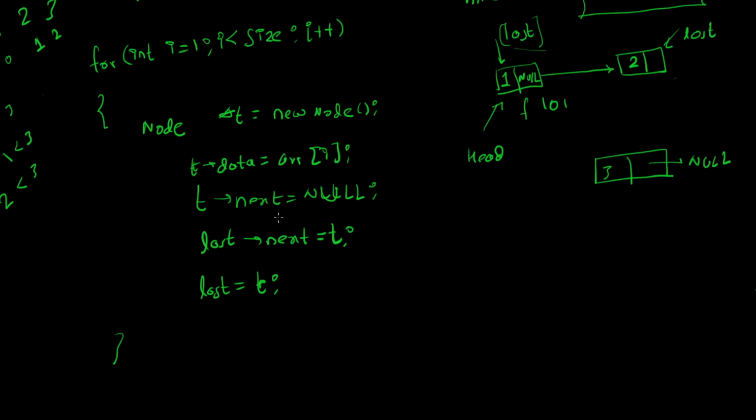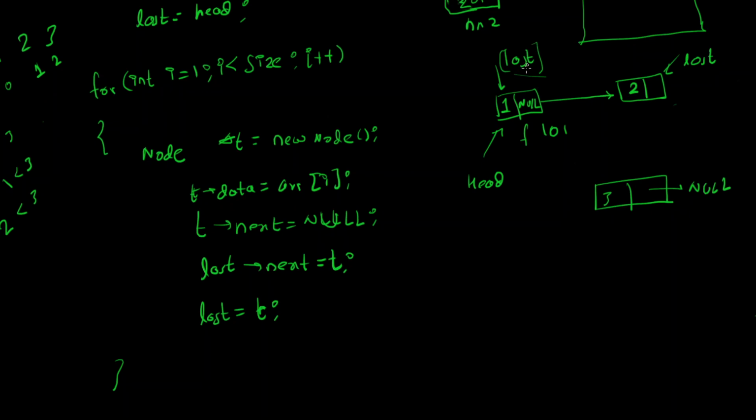Then last next should point to t. Where is last now? Last is not here actually. Last is at 2, because of that previous loop, because when we ran for i equal to 1, last was then pointing at 2. Now last next should point to this address. So last next will now point to t, right?